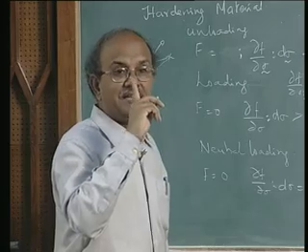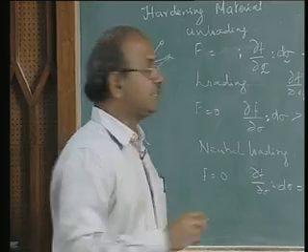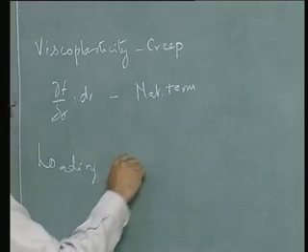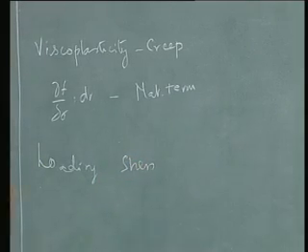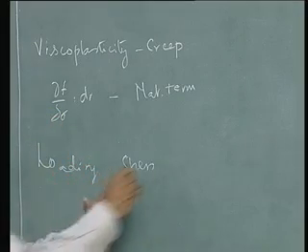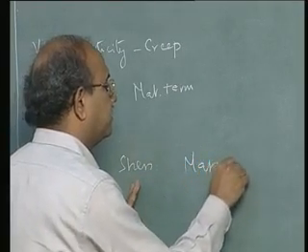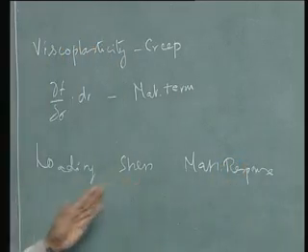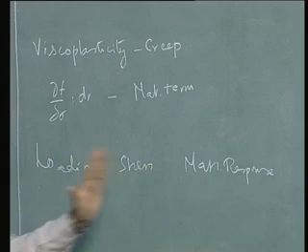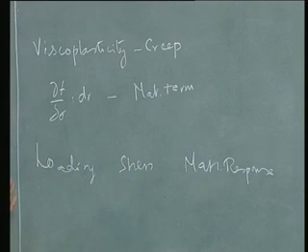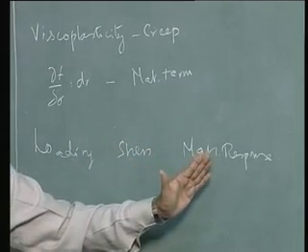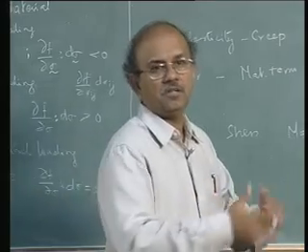Now the equilibrium in a conventional sense is between the loading and the stress developed. So I have three things actually. Here it is between the stress developed and the material response. So these are the three things that are there: the external fellow, which is loading, the internal chap, which is the stress, and then the response of the material in terms of its dislocation motion and so on.